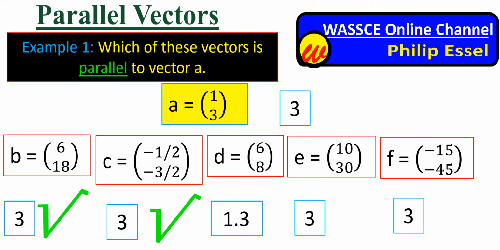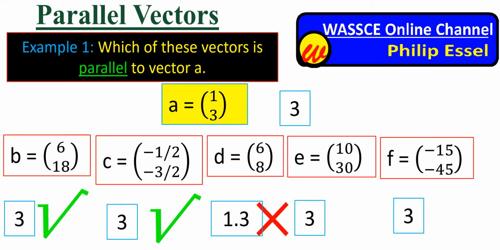The slope of the vector D is completely different from that of the vector A. It is 1.3, while the slope of the vector A is 3. So what it means is that the vector D is not parallel to the vector A. The slope of the vector E is also 3.